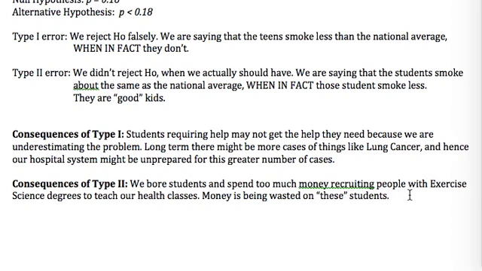H sub O, we have a criminal. H sub O, they're innocent. H sub A, they're guilty. What's a type 1 error in context? We assume they're innocent, right? This is America. Assume you're innocent until proven guilty. What's a type 1 error of the hypothesis test of the trial?